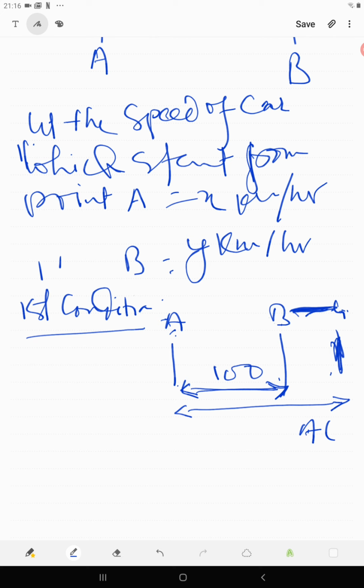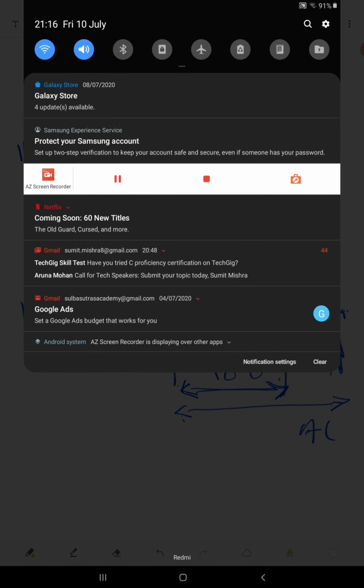So how much distance has the car from A covered? Since its speed is x kilometer per hour, in 5 hours, we know the formula, right? Speed equals distance by time, so distance equals speed into time. So x into 5.